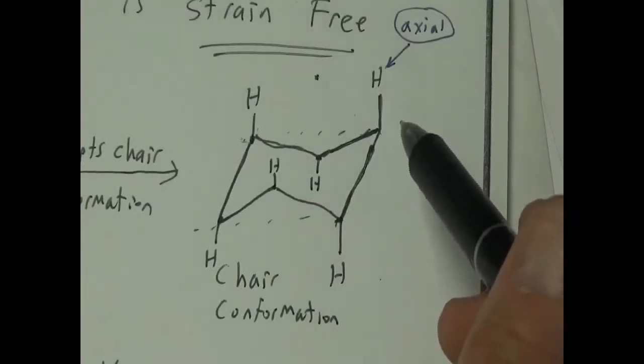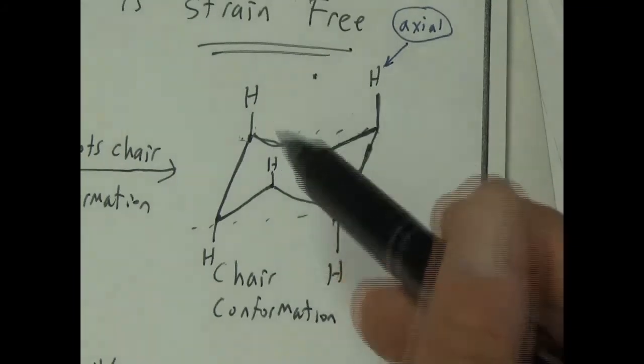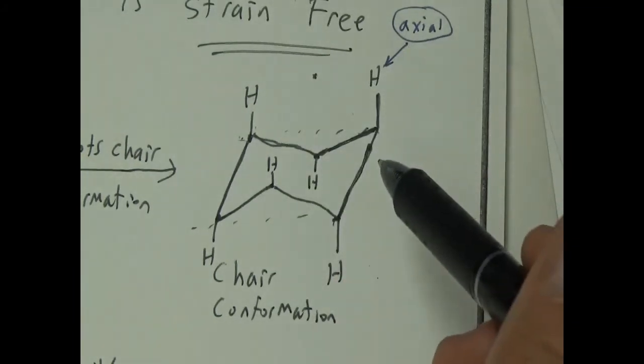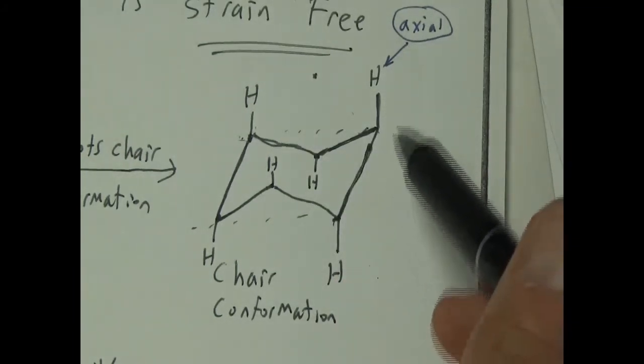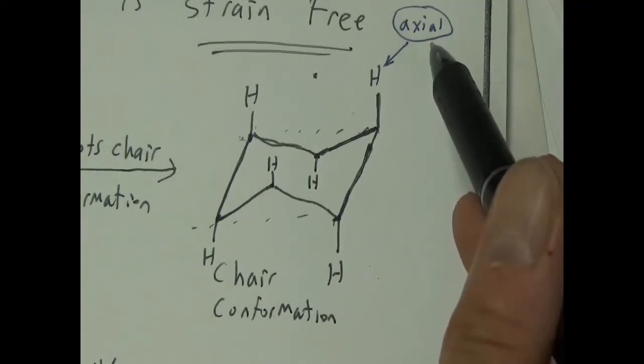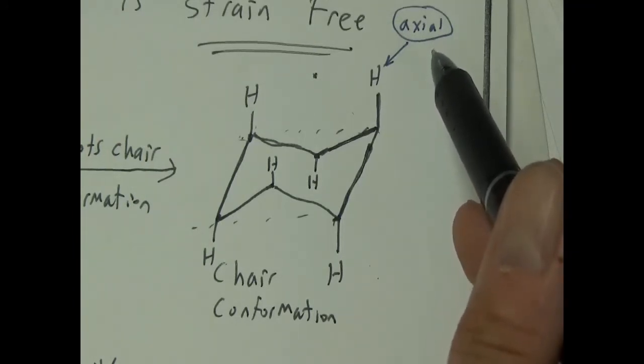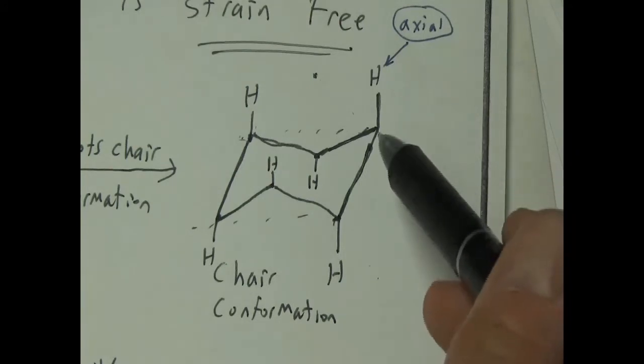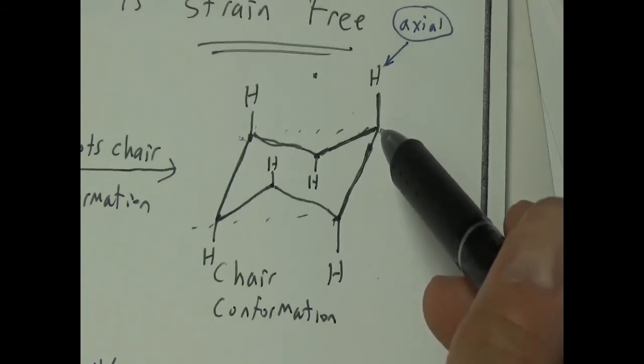Okay, so then these are maybe the easy ones, right? Now let's draw the other ones. And there's going to be a trick to it, because for every axial one, there's going to be another one called an equatorial one. If on this carbon we have a straight up H, we're also going to have equatorial, which is going to go down. So this is up, and the one's going to go down.